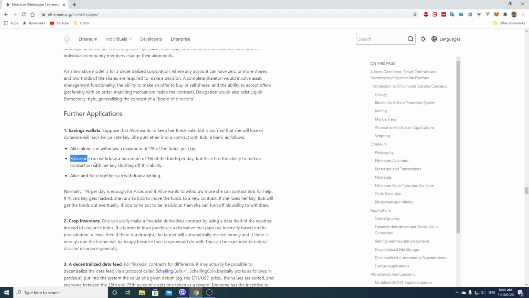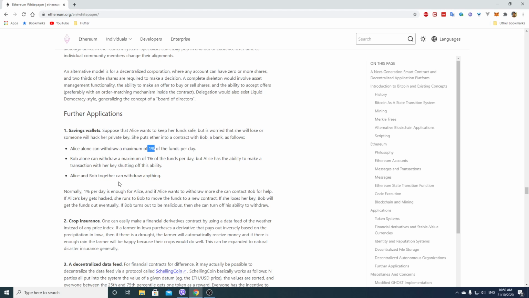So the idea is that if Bob is misbehaving, then he will be stopped by Alice once she notices that Bob withdrew 1% without her consent. And if Alice is hacked, then the hacker will only be able to withdraw 1% a day. So then she would meet Bob and then withdraw all the rest in one go.